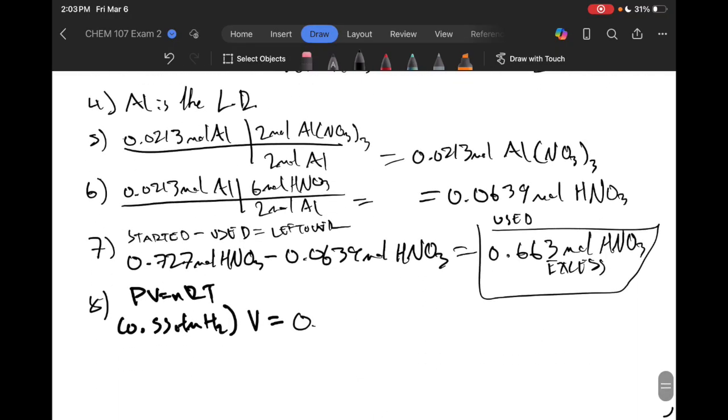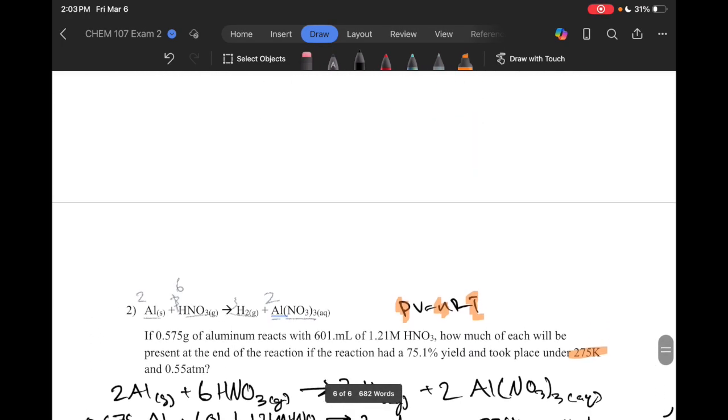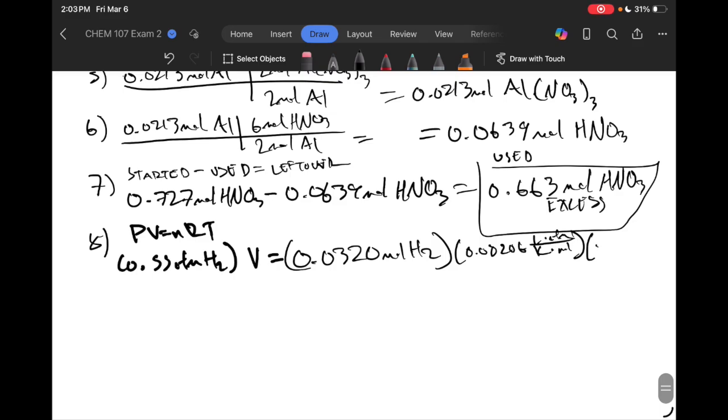0.0320 moles of H2 times R, which is going to be 0.08206 liters times atmosphere over Kelvin times moles. And then we're going to multiply that by our temperature, which we said was 275 Kelvin. Easy, so no conversion for that. 275 K. Okay.